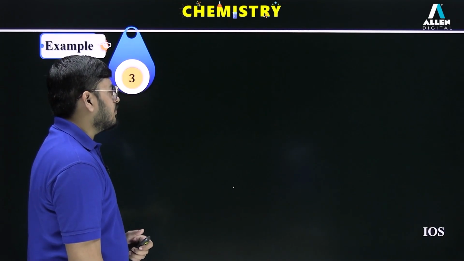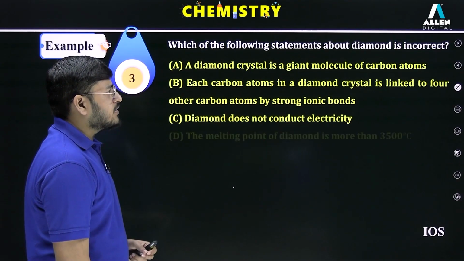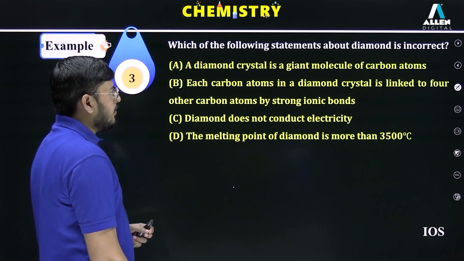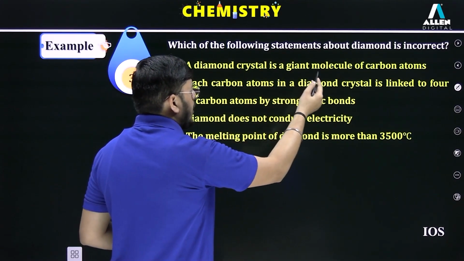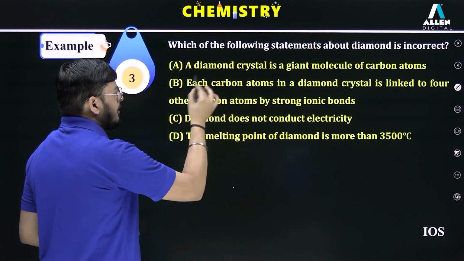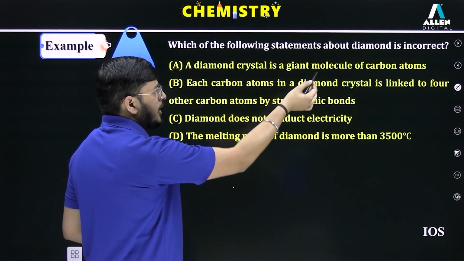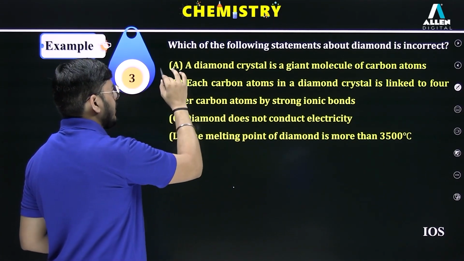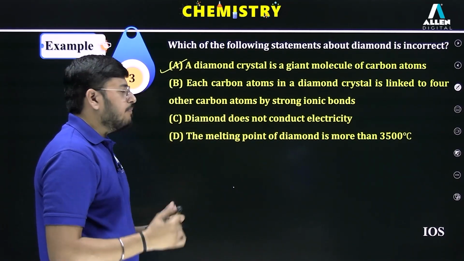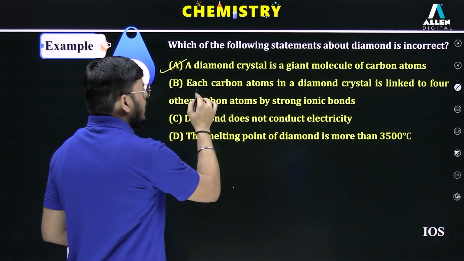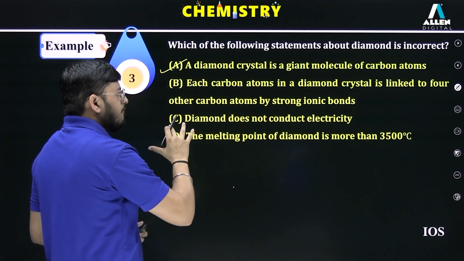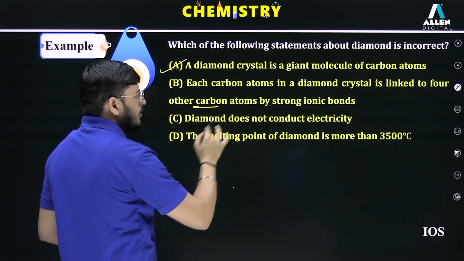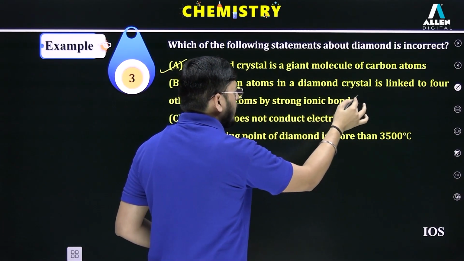Next question says: which of the following statements about diamond is correct? A diamond crystal is a giant molecule of carbon atoms. Yes, correct, it is a giant, complex molecule. Each carbon atom in a diamond crystal is linked to 4 other carbons. Yes, correct, by strong ionic bonds.